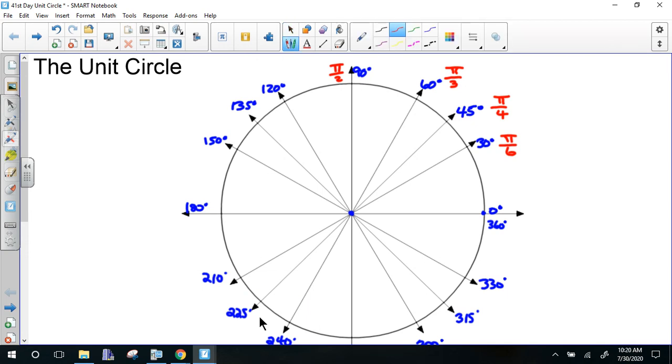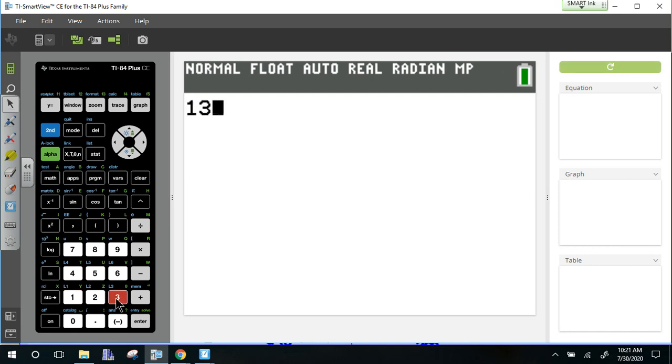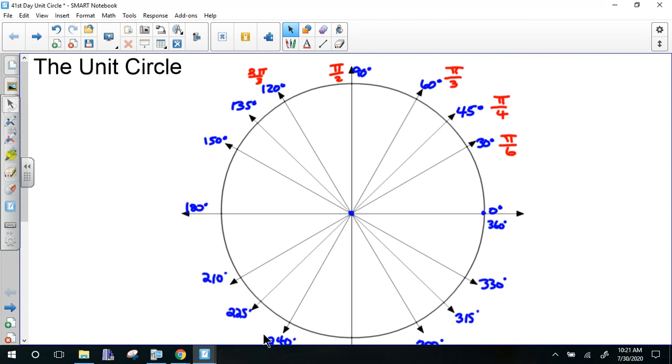So this would be 2 pi over 3. 135 divided by 180. Math, enter, is 3/4.